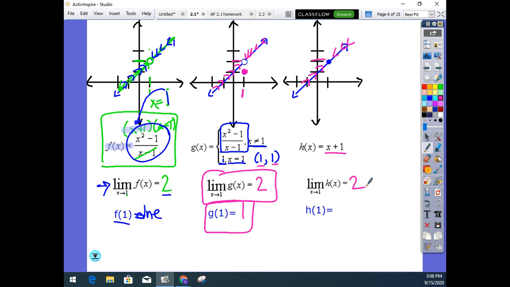Where is the actual solid? What's the coordinate point? 1, 2. This notation says what's the y value when x is 1. In this case, the limit equals the y value. That will become important later on, but these are just 3 different instances of limit notation.